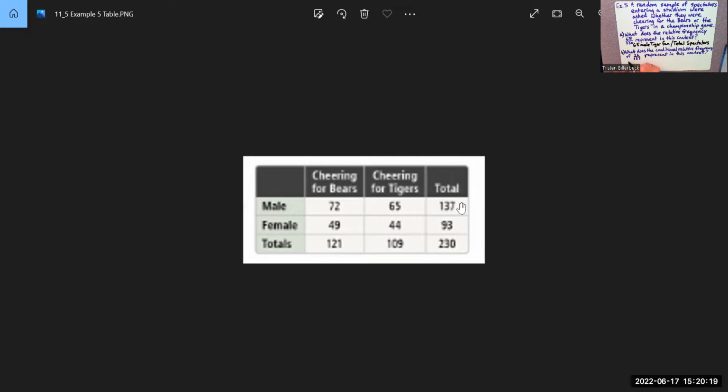So that's 72 male Bear fans to total male spectators. So that's what that means.